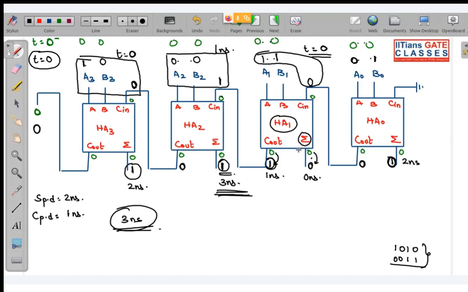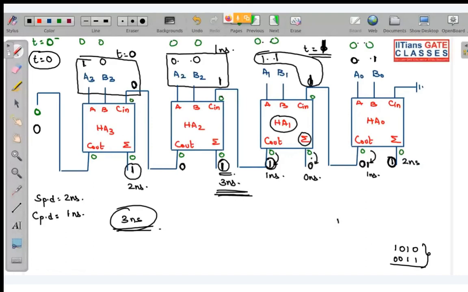Suppose the C out 0 would have been changing from 0 to 1. Yes. So if this had changed from 0 to 1, then for generating the carry we would have required 1 nanosecond. So all the inputs would have been present from 1 nanosecond, because this carry would have required 1 nanosecond to stabilize.